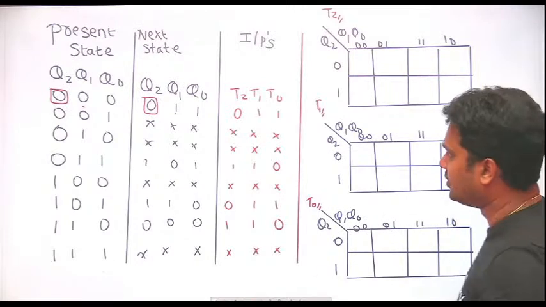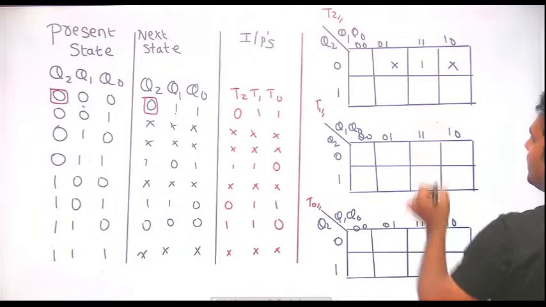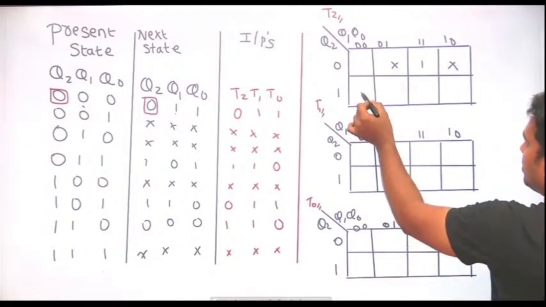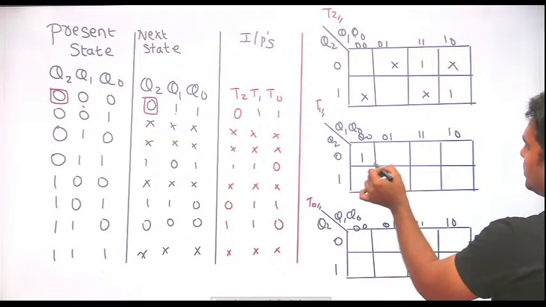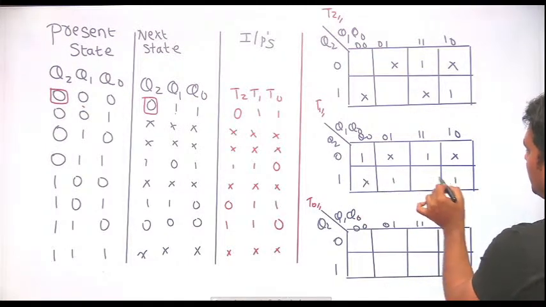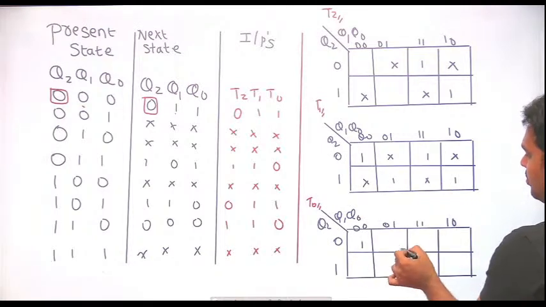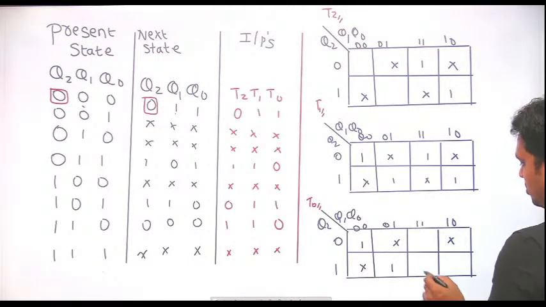Done. So fill this table: 0, don't care, 1; next, don't care, 0, 1, don't care; next, 1, don't care, 1; and don't care, 1, 1, don't care; next, 1, don't care, 0, and don't care, 1, 0, don't care.